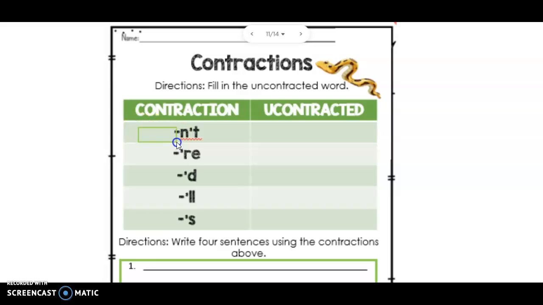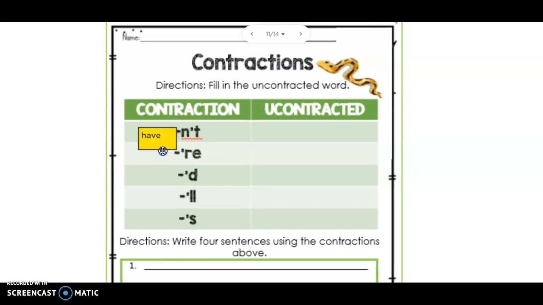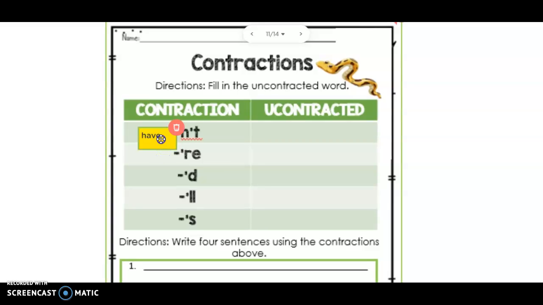So maybe I have the word have, and I attach n't. That gives me the word haven't. So you can attach to root words. They cannot stand alone. There's no word, just n't. Contractions need to attach to other words.